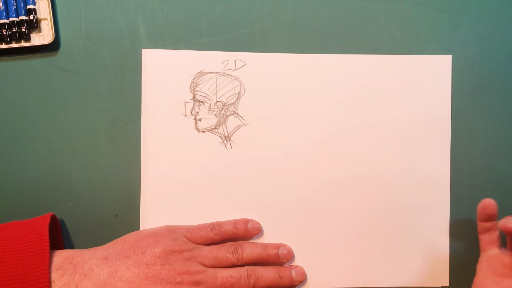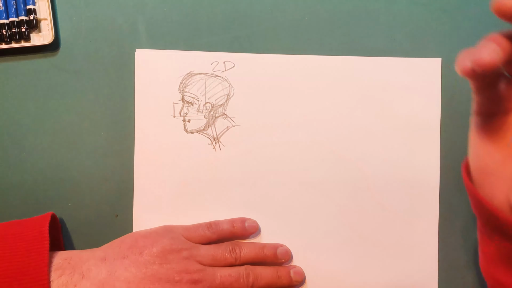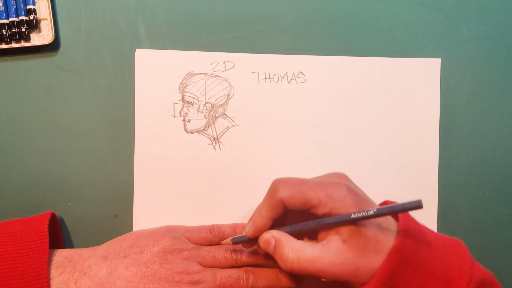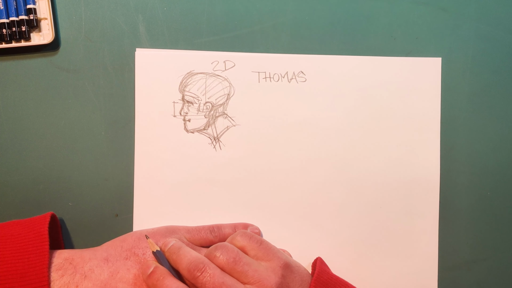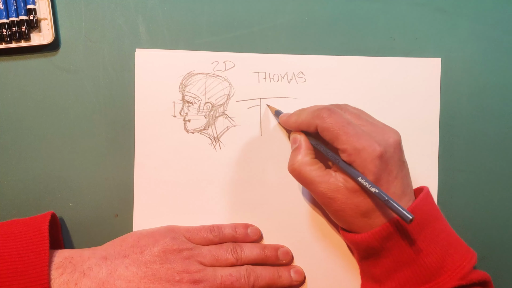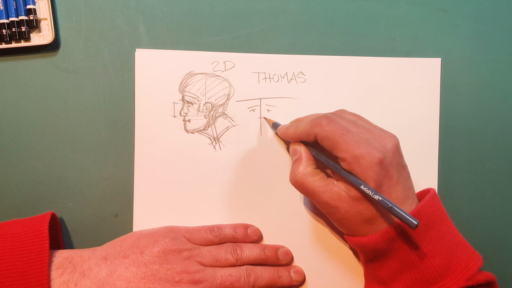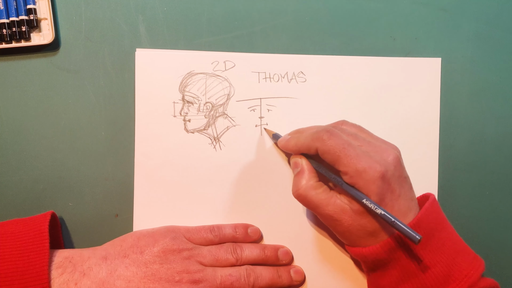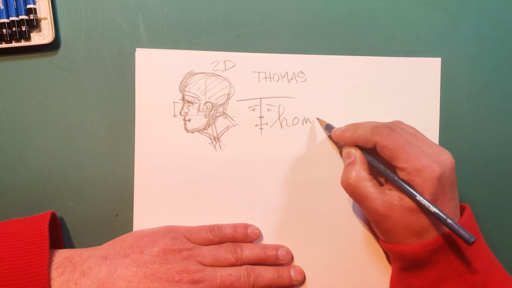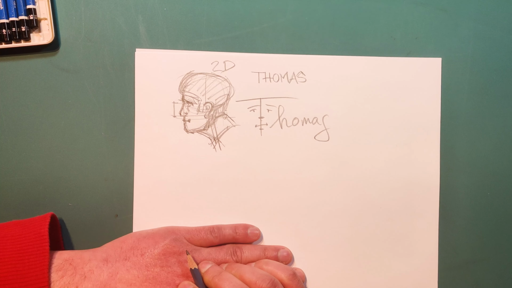So this is my concept on how to create a face. The simplest thing that I can show you is my signature. Believe it or not, it's my signature. My name is Thomas. So, it's not my signature. Let's have a look at this. That's me.